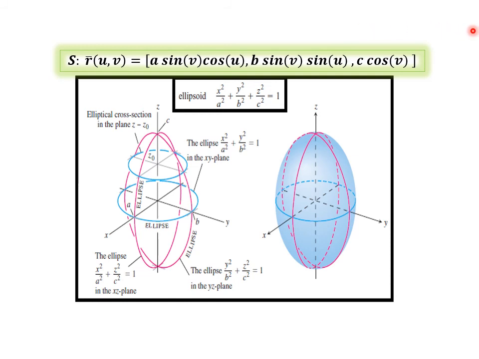So we got the parametric representation of the surface ellipsoid as a sin v cos u i cap plus b sin v sin u j cap plus c cos v k cap. u, the parameter equivalent to theta, varies from 0 to 2 pi, full rotation. v, the parameter equivalent to phi, varies from 0 to pi. To avoid multiple mapping, the rotation of phi is only half the distance, 0 to pi.